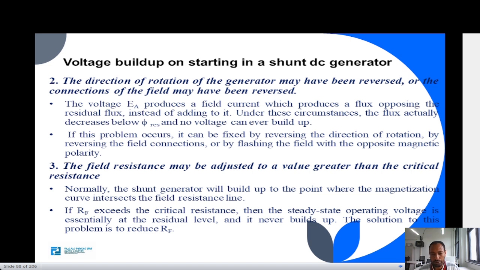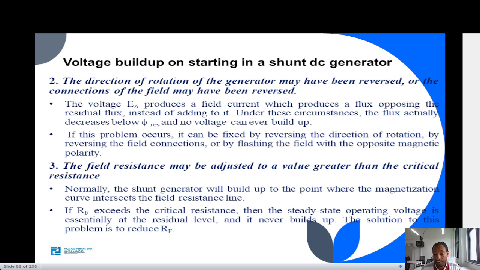And the third and final possible cause for the DC generator failing to build initial voltage is that the field resistance may be adjusted to a value greater than the critical resistance, like we said previously.